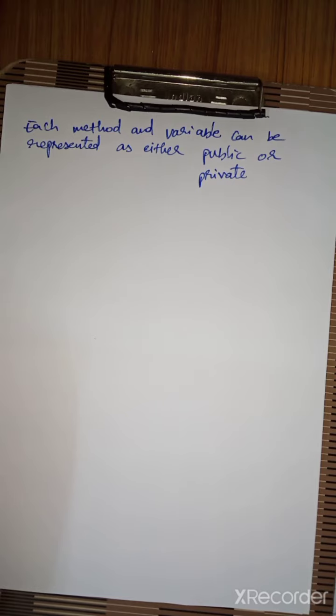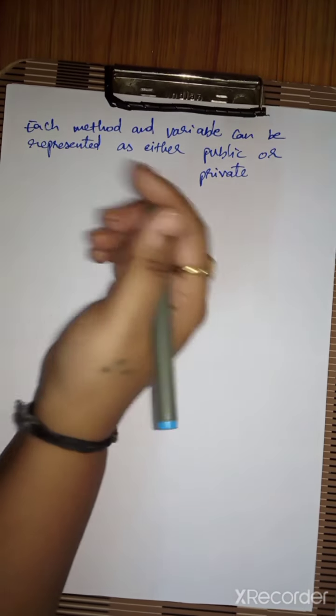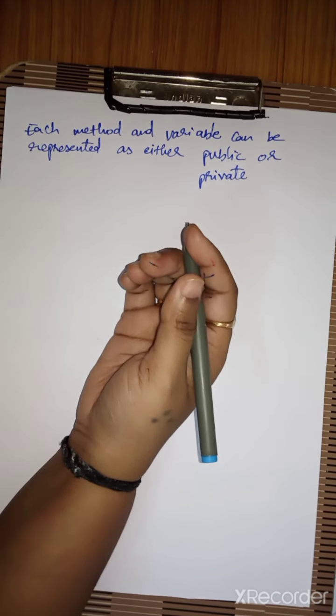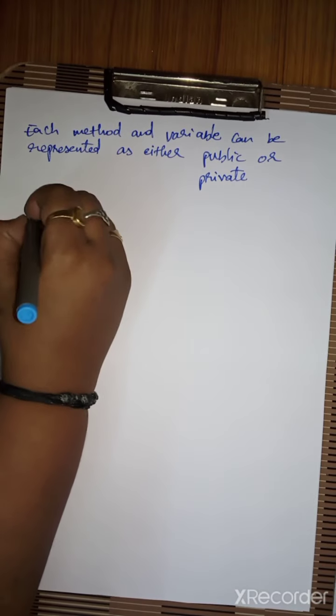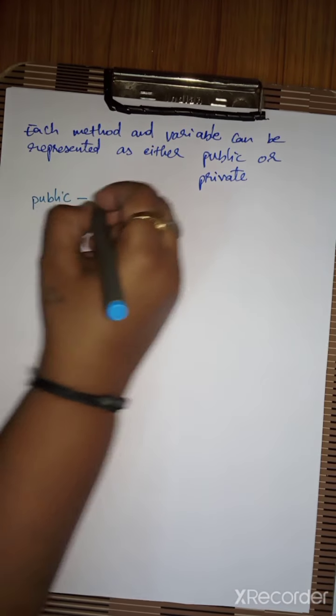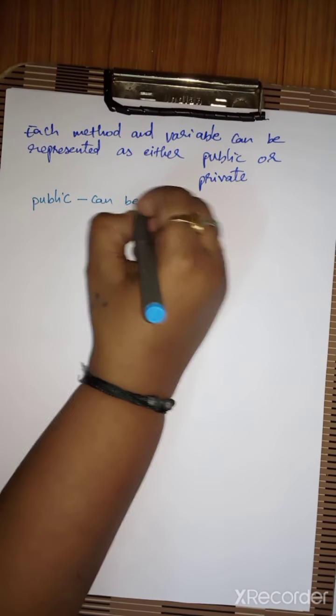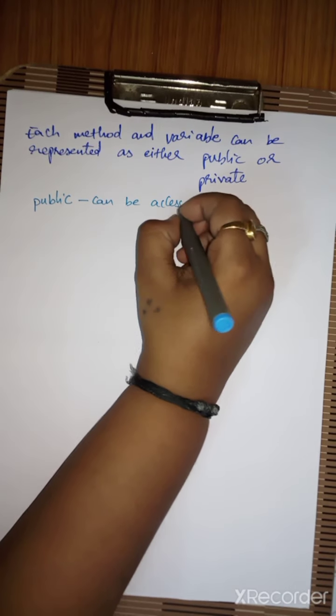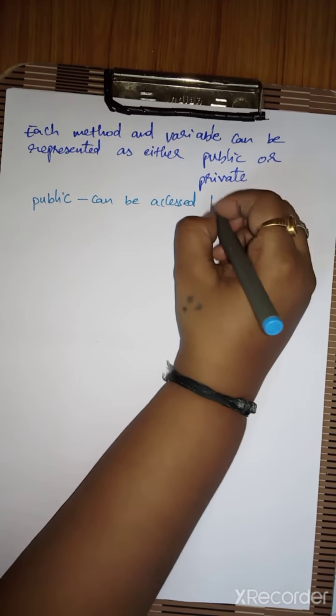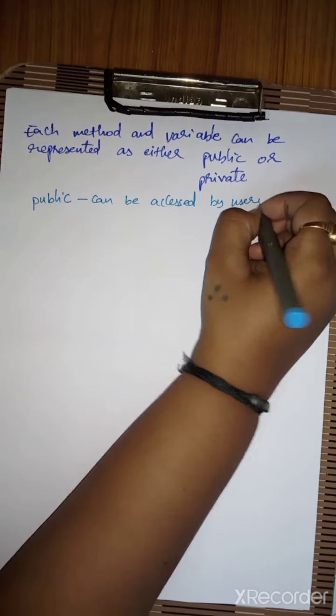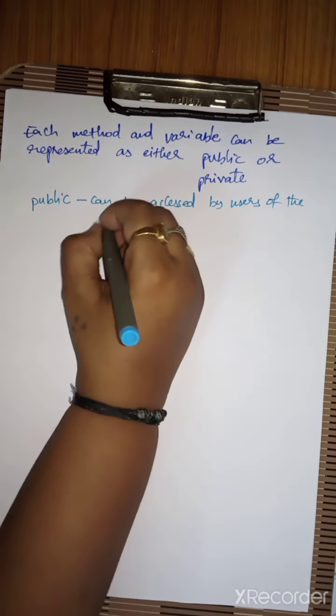Suppose any of the data members, whether a method or variable, are represented as public, it means they can be accessed by users of the class.